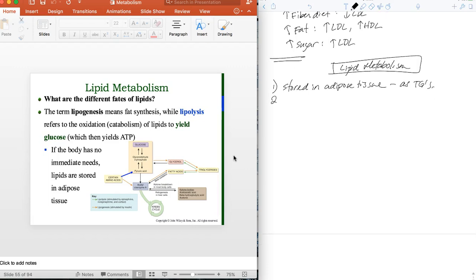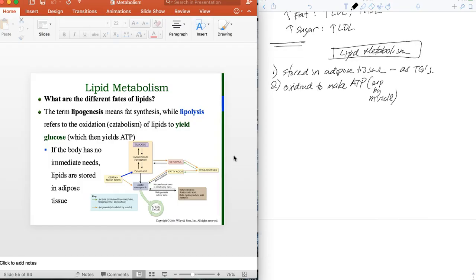They can be used for energy, oxidized to make ATP, especially by muscle. And sometimes they are used for structural functions in the body. So examples as a phospholipid, as a bile salt, as a hormone.